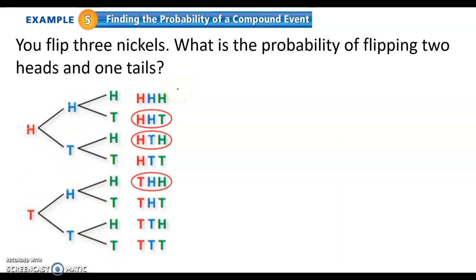So when we're looking for a probability of flipping 2 heads and 1 tails, since order doesn't matter, there's 1, 2, and 3 possibilities. So that would be 3 out of, and a total of 8. So 3/8, or about 37.5%.